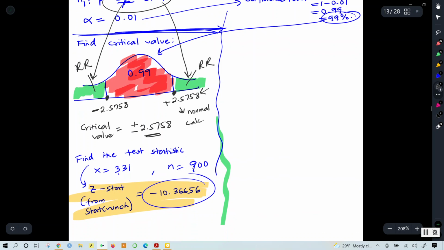So, where does negative 10.36656 fall? You observe that it falls somewhere on the extreme here, which is in the rejection region, negative 10.36656. So since it falls in the rejection region, this would make me reject the null hypothesis.